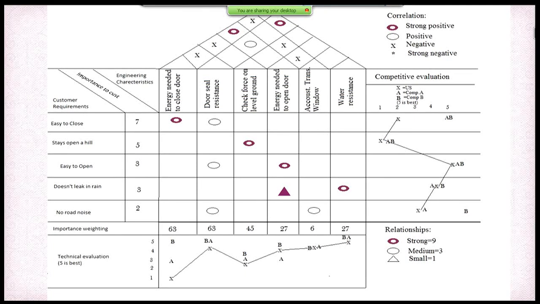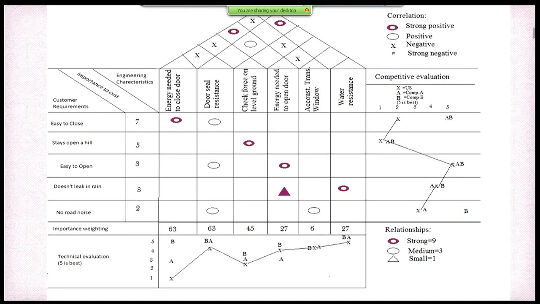Coming to the target room, the importance weighting is calculated. How is the importance weighting calculated? We have to take the importance to the customer into consideration. As we can see here, easy to close has an importance rating of 7, and for the filled oval we have a strong relationship which has a rating of 9.